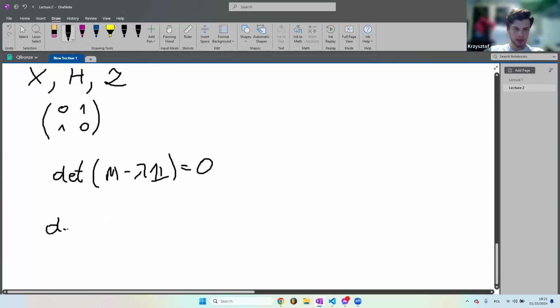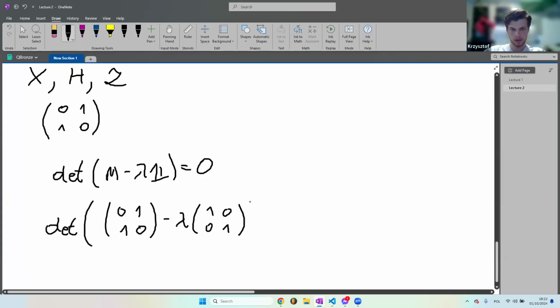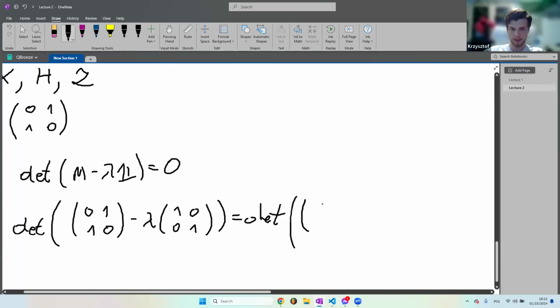We need to calculate the determinant of such a matrix, which is 0, 1, 1, 0, minus lambda times 1, 0, 0, 1. I'll write you a step-by-step solution of this problem: minus lambda on the diagonal.